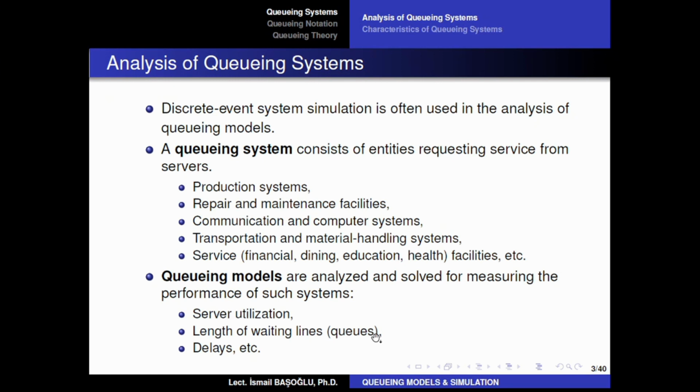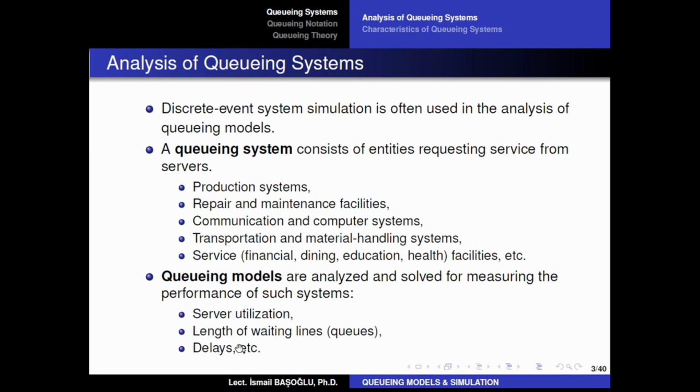And because of that reason, length of waiting lines, or at least the average length of the queues, is an important performance measure. While we expect the server utilization to be high, we also would like to have the length of the queues small so we can attract more and more customers.